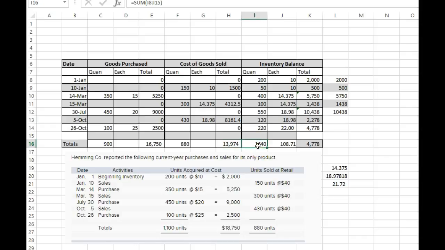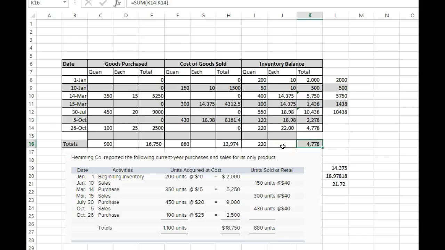We have inventory of 220, worth $4,778. So weighted average actually is a lot easier because you're not dealing with different layers or levels or piles.